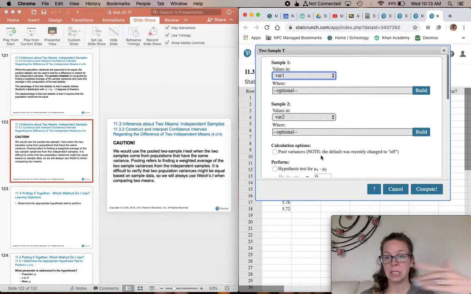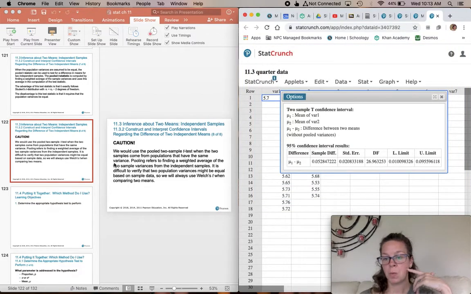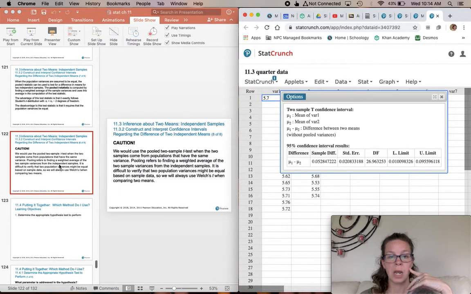And it's defaulted to be off, and just leave it off. So you probably wouldn't have ever even really noticed that box if I didn't point it out to you, but here's just something saying that the idea of pooled variances is putting the variances together, and we don't want to do that. We want each sample to keep its own variance level.